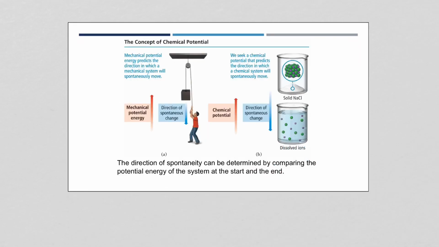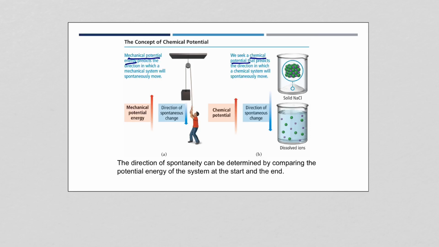So this elusive chemical potential, what is it? We want to try to figure out what this chemical potential is. We can think about mechanical processes that we're all familiar with, this mechanical potential energy that we know about. For example, if we drop something it will spontaneously move down.